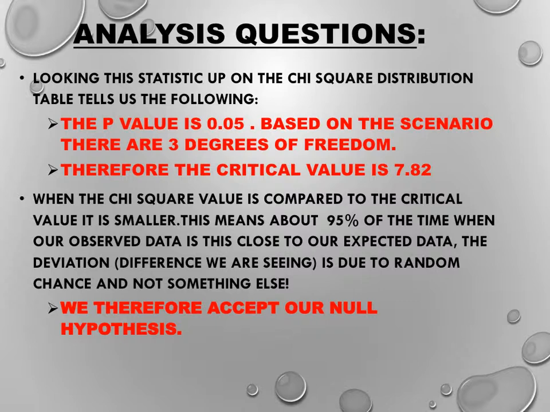By accepting it, we are saying that there really isn't any big difference between the two sets of numbers that we worked with, between our observed numbers and our expected numbers. The little bits of deviation are caused by just random chance, just normal mitosis.